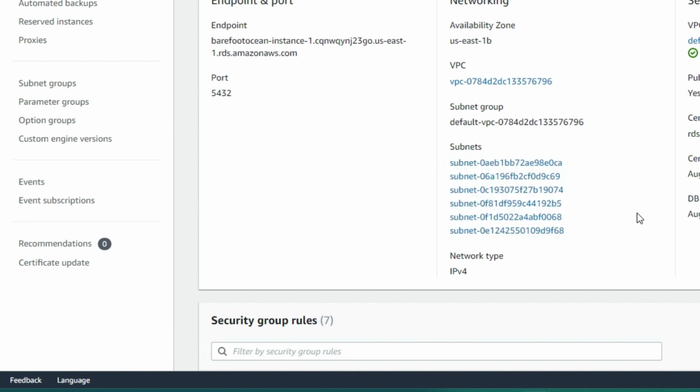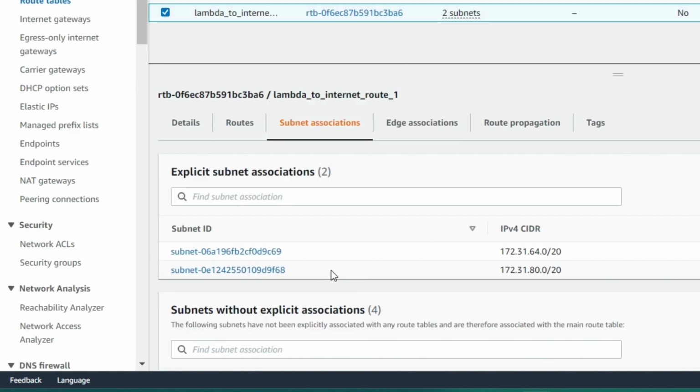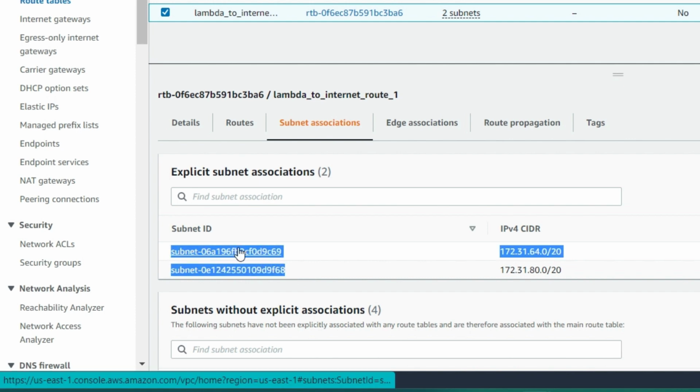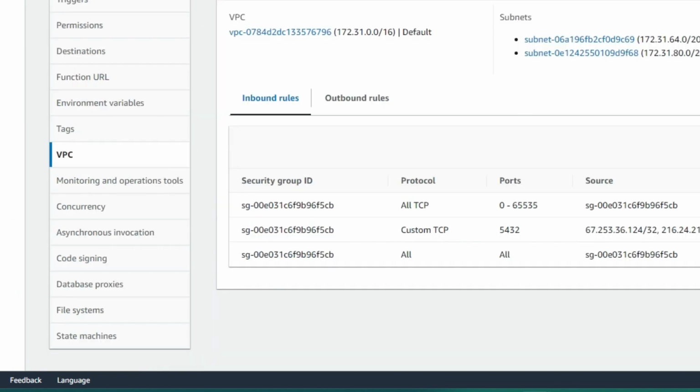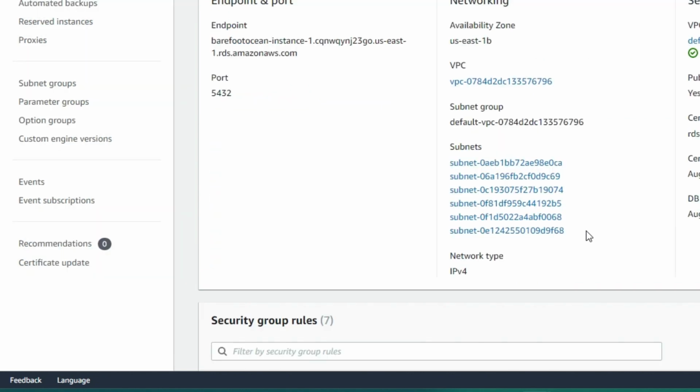To mitigate that, in place of the 5 subnets, I had to place only 2 subnets here. This is very important. I placed 2 subnets here, and the same 2 subnets I placed here, against my Lambda function. That meant I left around 4 subnets for my RDS to be accessible from outside.